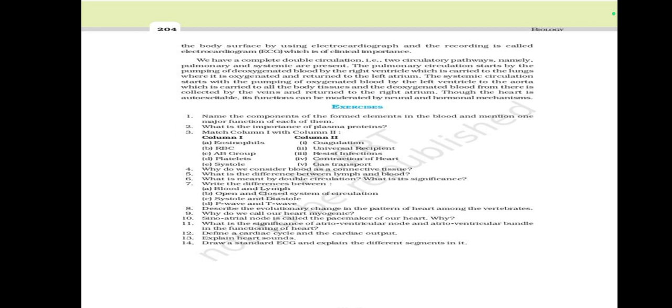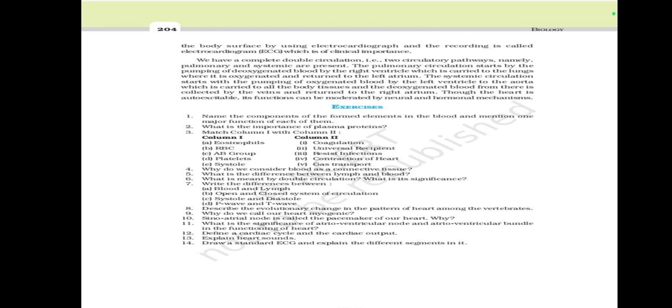The pulmonary circulation starts by the pumping of deoxygenated blood by the right ventricle, which is carried to the lungs, where it is oxygenated and returned to the left atrium.